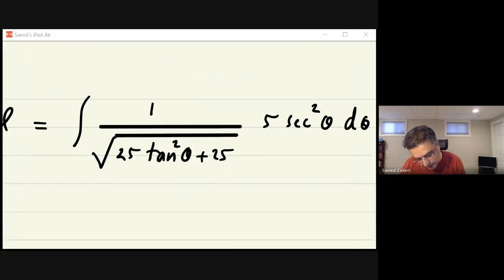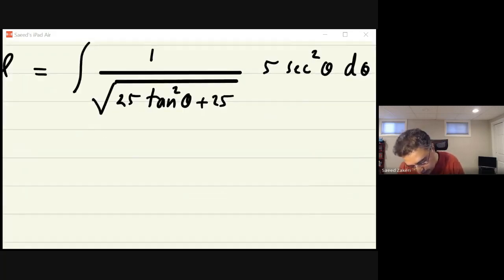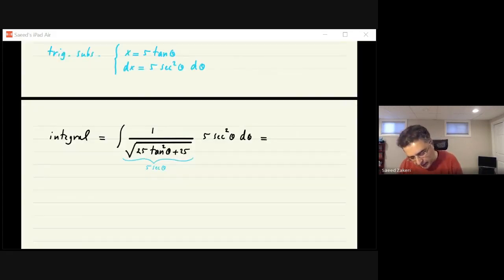And let me just write that the whole thing after you take the radical will be 5 secant theta after you bring it out. And now that 5 secant theta on the bottom cancels the 5 secant theta on the top, and you're going to end up with the integral of secant theta d theta. So it simplifies a lot. That's the only thing that survives, the integral of secant theta.